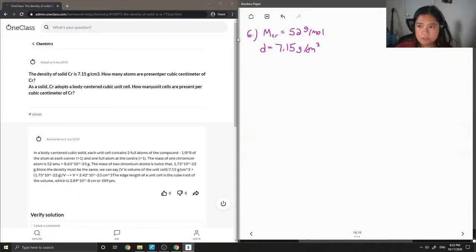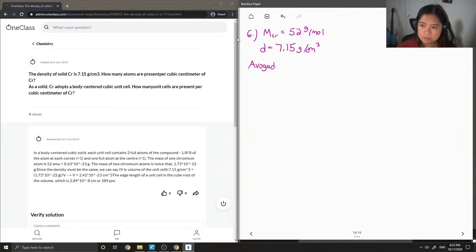So the first part of the question is asking how many atoms are present per cubic centimeter of chromium. Every time a question has atoms involved, or particles, or photons, we know that we're going to be using Avogadro's number. I'm going to write that down as well.